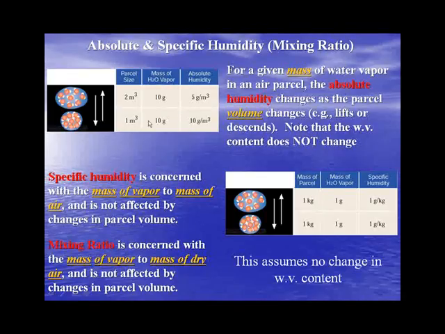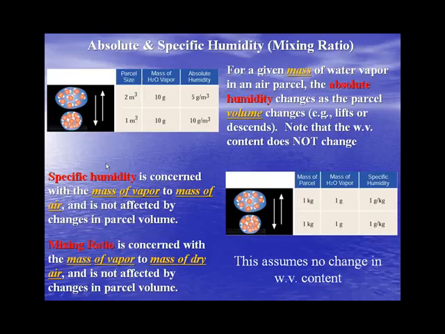And so 10 divided by 1 gives us 10 grams per meter cubed. So in terms of absolute humidity, it doesn't really tell us anything about the water vapor content, but just the density of water vapor content. So not exactly the best measure of moisture in the atmosphere, although it does have applications. But for what we're looking at, probably not the best one to use.